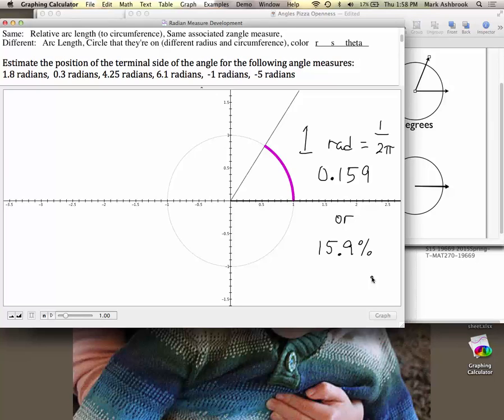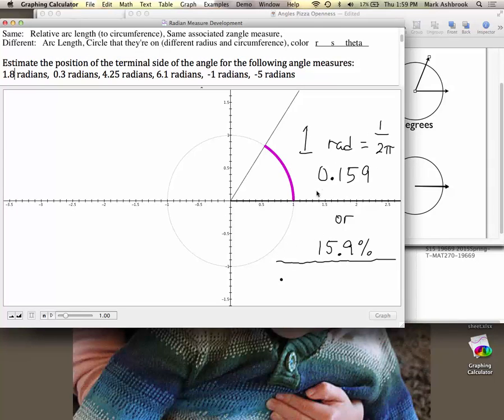If 1 radian is 0.159 of a full rotation, how many degrees is that? What would you do? Zach? So you take your decimal number, multiply it with 360. Yeah, we want that fraction of 360. It's so easy. Do you see?